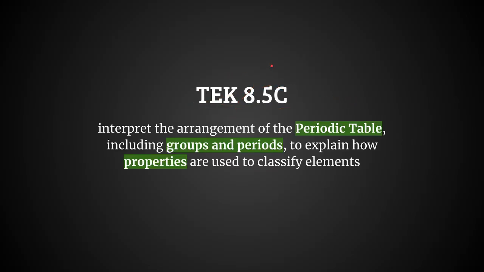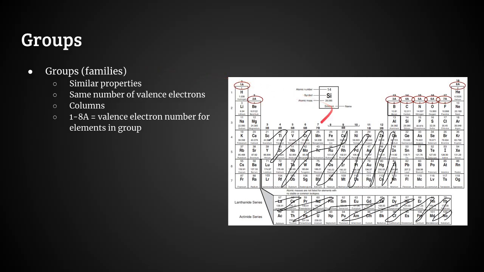TEKS 8.5C: Interpreting the arrangement of the periodic table, including groups and periods, to explain how properties are used to classify elements. So we have our groups here, our 1, 2, 3, 4, 5, 6, 7, and 8. And then we have our transition metals in here, but we're not going to worry about those as those are not usually tested on.